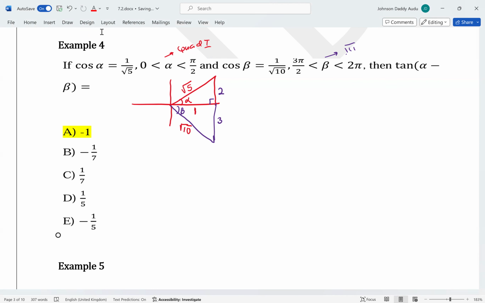Now, what do we need? We're looking for tan alpha minus beta. And by formula, it's simply tan alpha minus tan beta, since this is minus, divided by 1 plus tan alpha tan of beta.